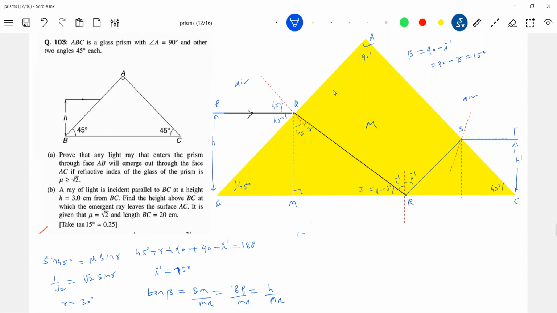I'll go in order. Tan 15 equals H by MR. MR will be 12 centimeter. Tan 15 is how much? 0.25. H is 3, so MR is 12 centimeter. Now BM will be how much? 3 centimeter.